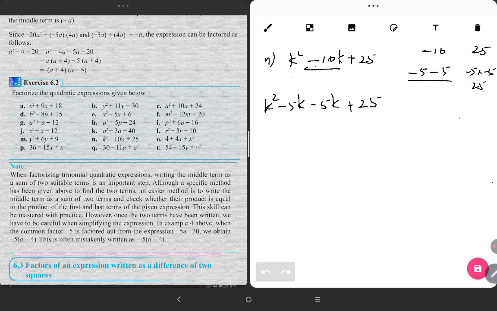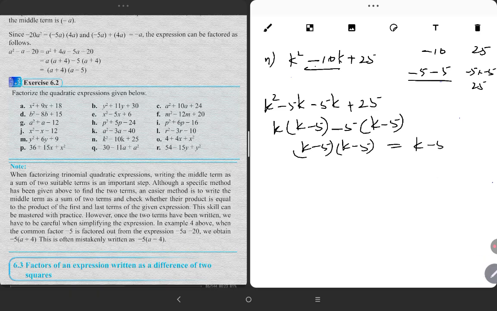It becomes easy when you practice. So when you take k out, it becomes k minus 5, and when you take 5 out, it becomes k minus 5. And this is basically k minus 5 and k minus 5. And you see something right here, k minus 5 times k minus 5.